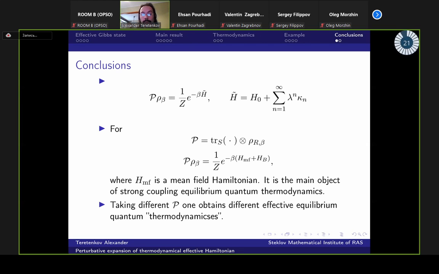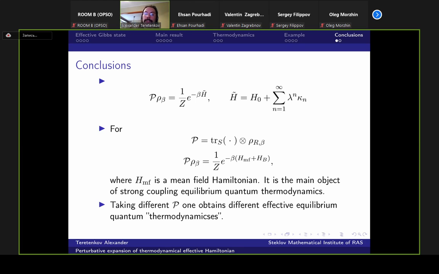And so by taking different projectors, one obtains different effective equilibrium quantum thermodynamics. So it is possible to have one effective quantum thermodynamics per each choice of the projector.